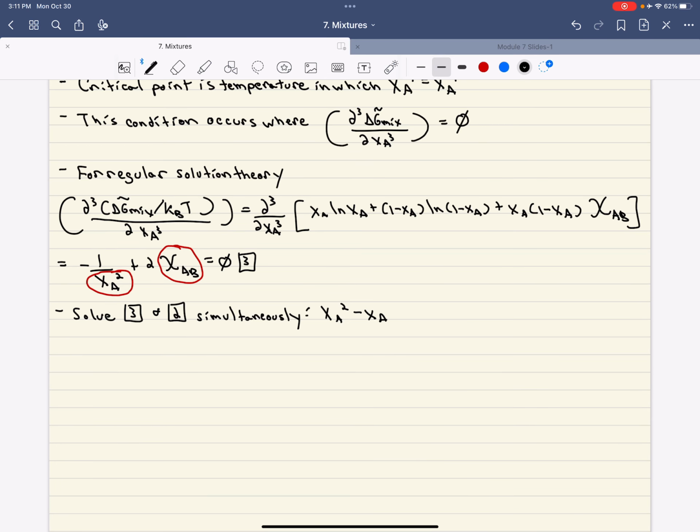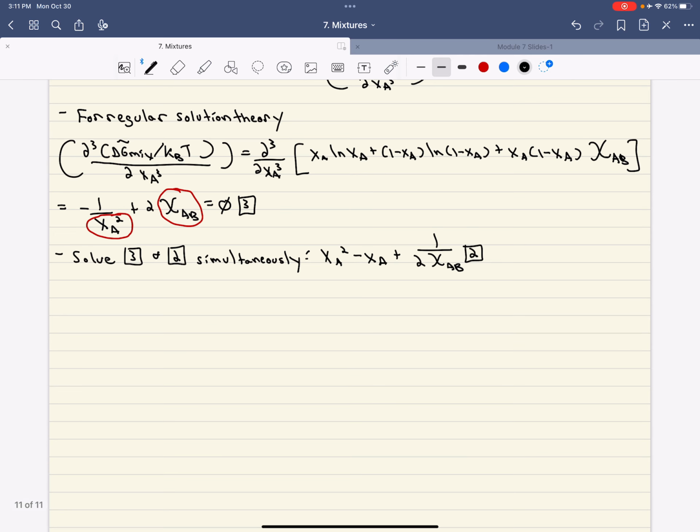So I'm just going to rewrite it here. If you solve those two equations simultaneously, what you get is that your XAC for the regular solution theory is exactly equal to 1/2, and your chi AB is equal to 2.